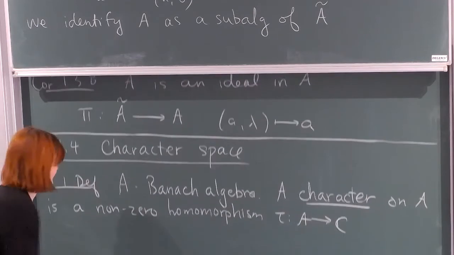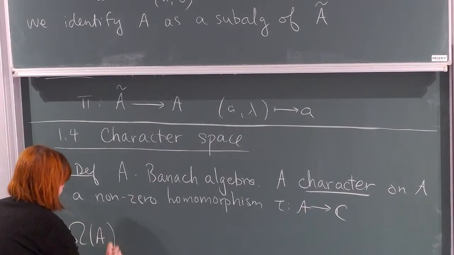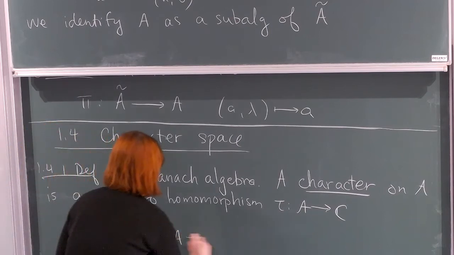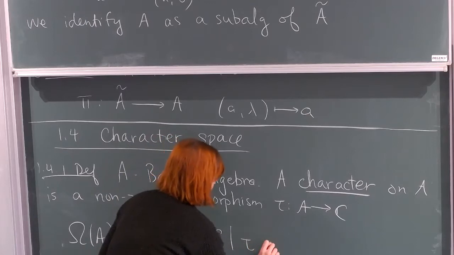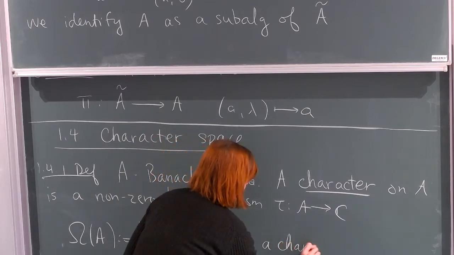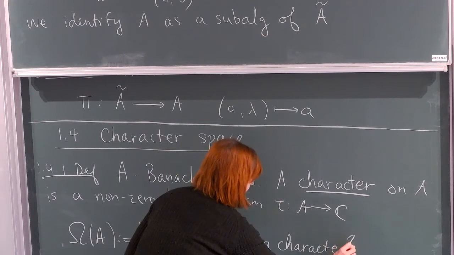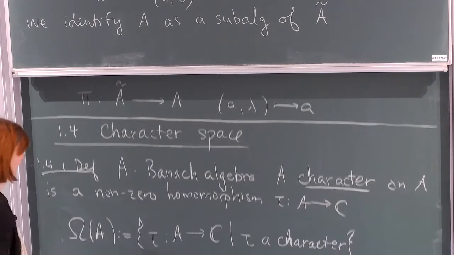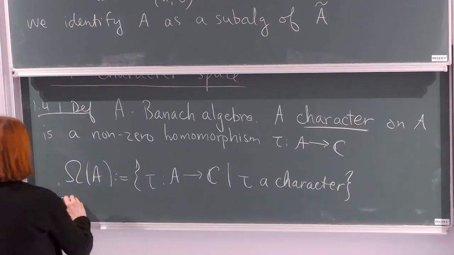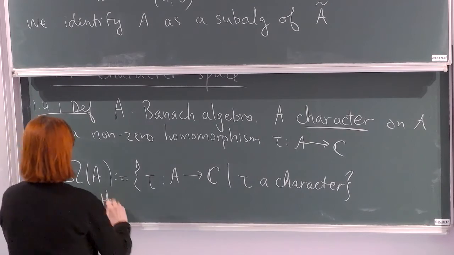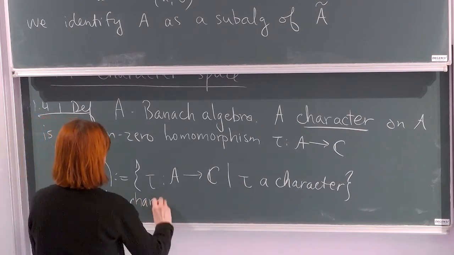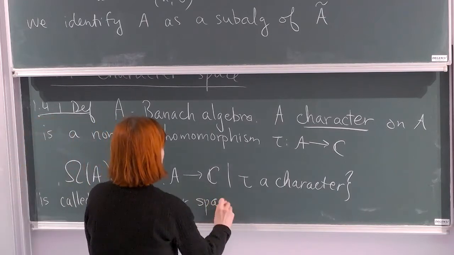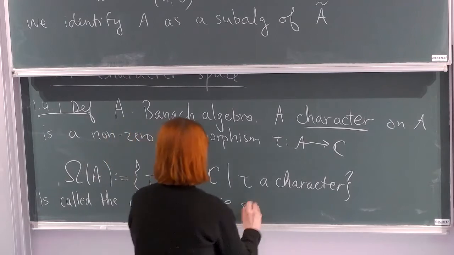And we will denote by omega(A) the set of all such characters, and this is called the character space of A or the spectrum of A. And we'll see why it's called the spectrum, which is probably a better name for it, in a moment.